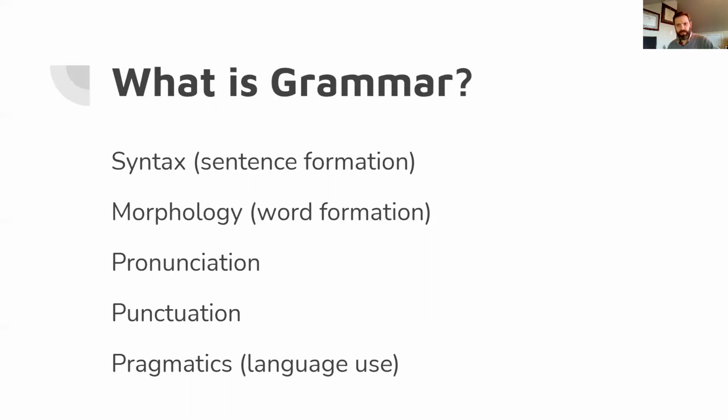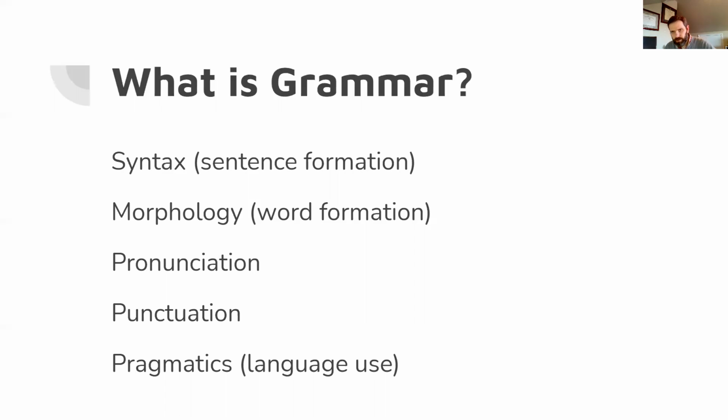But other people might add some other things to grammar, like oral grammar, pronunciation. There are patterns of pronunciation that influence oral grammar. We might also talk about with written language that punctuation functions as another set of systems or patterns or rules that influence how language is communicated.